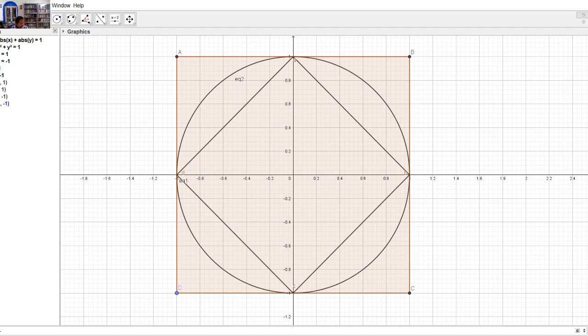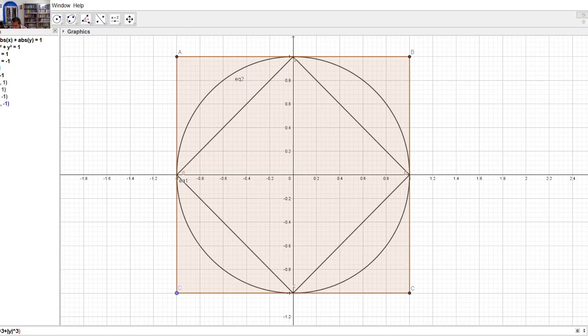Now you just plot, consider R2 with the 3 norm. There the curve will be modulus of x raised to 3 plus modulus of y raised to 3, the whole raised to 1 by 3, and that is equal to 1.